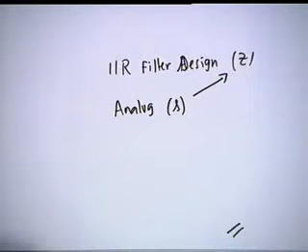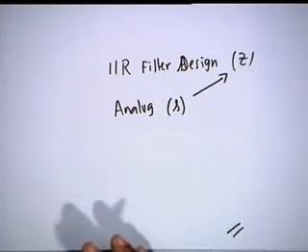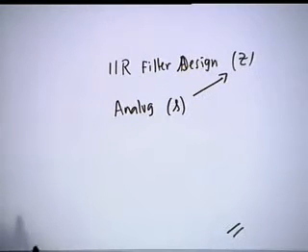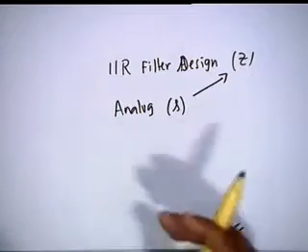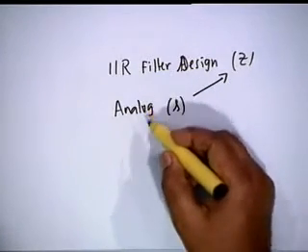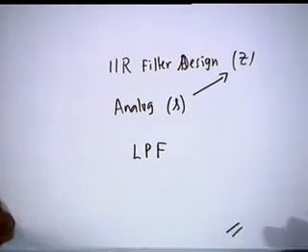So, the motivation for analog filter design discussion in a DSP course are twofold. One is we do require analog filters, and second, our IIR design, a major part of IIR design is based on transformation of analog filters. It also is a fact that a discussion of low pass filters is adequate because any low pass filter can be converted to any other kind of filter.